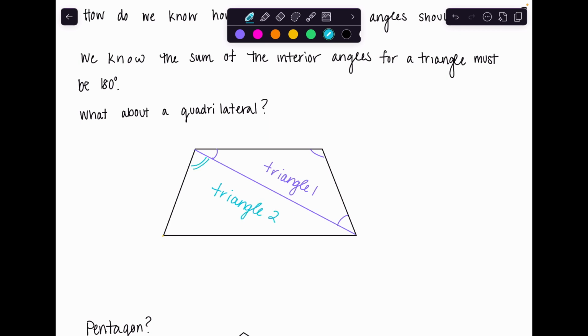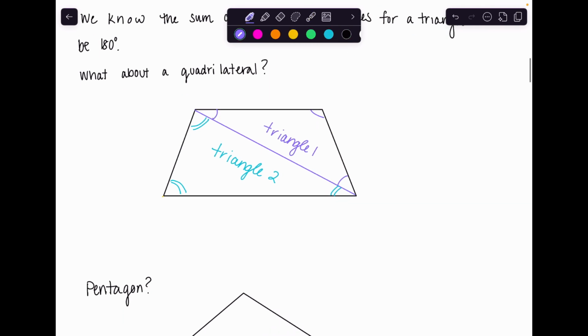And those angles also need to add up to 180. But those are exactly the 4 angles that are formed by my quadrilateral. So ultimately here, there are 2 triangles.